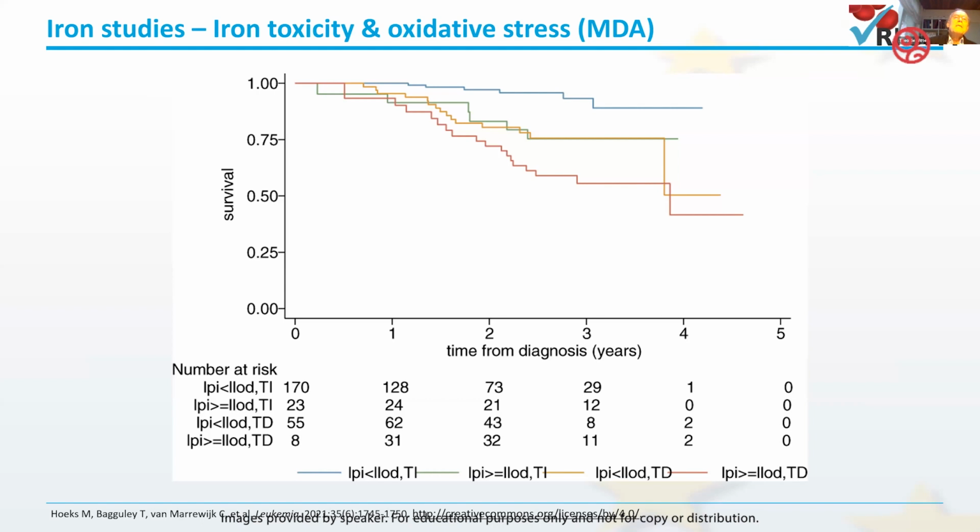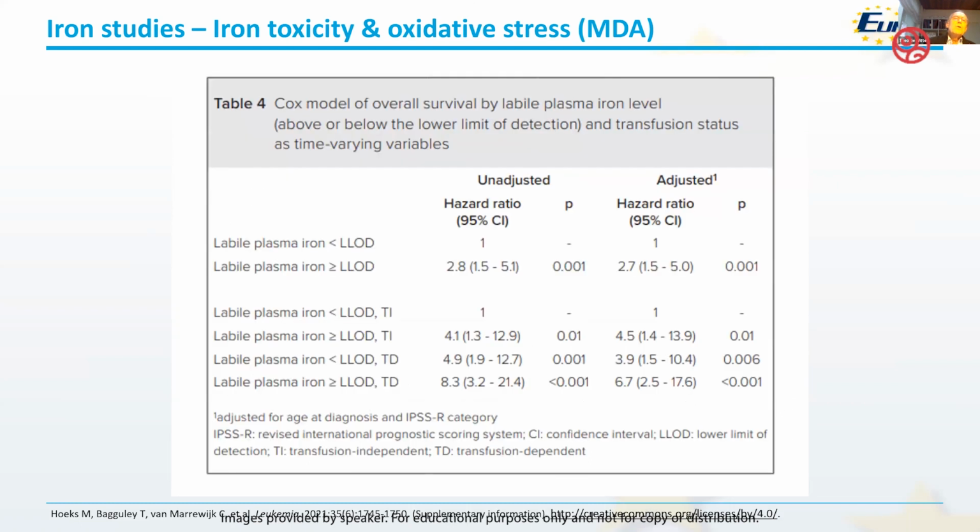In the lower curve, you see patients who are both transfusion dependent and have these labile plasma iron molecules. The same applies for NTBI and also for oxidative stress. I'm not going into the details, but this is just to show that this is indeed very, very relevant.